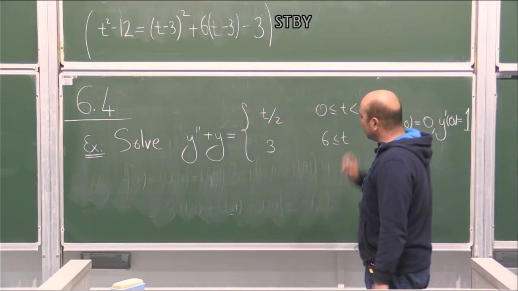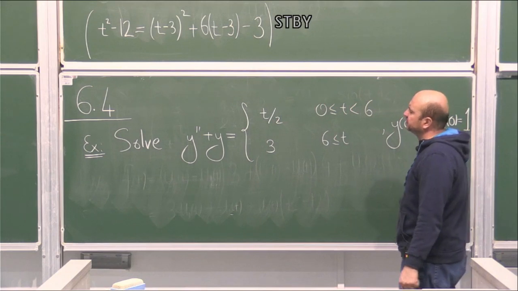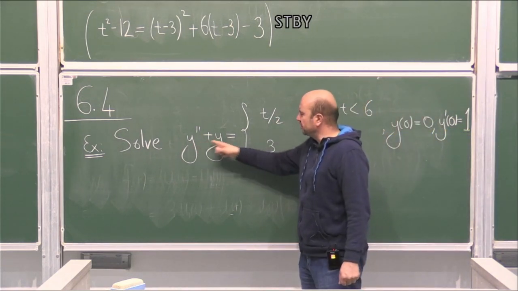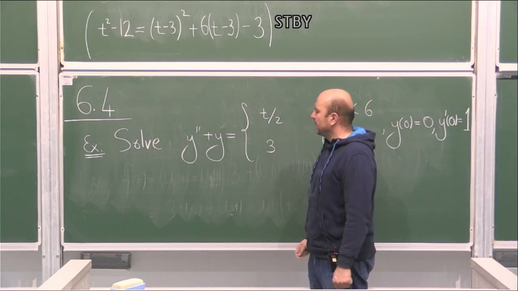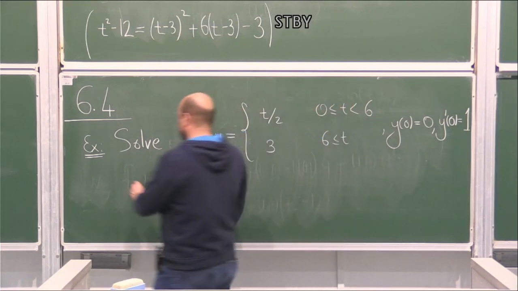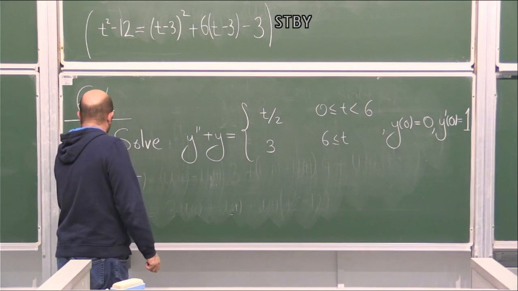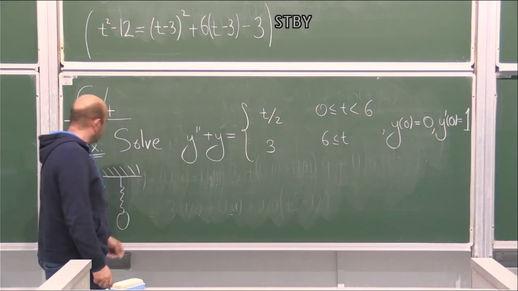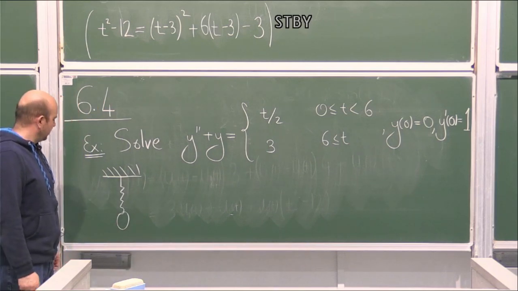Now, you can understand the problem in the following way. If you look at the coefficients here, they are both positive. So I can think of this as a mechanical vibration, a spring-mass system. So I have a spring and a mass attached to this.